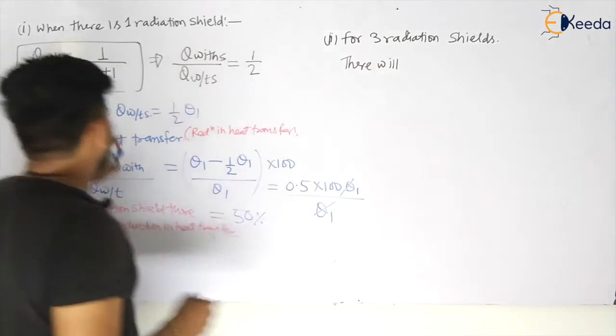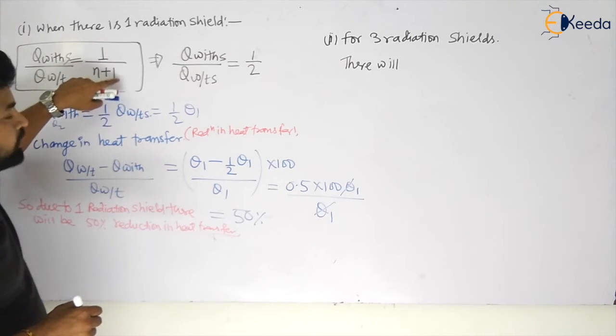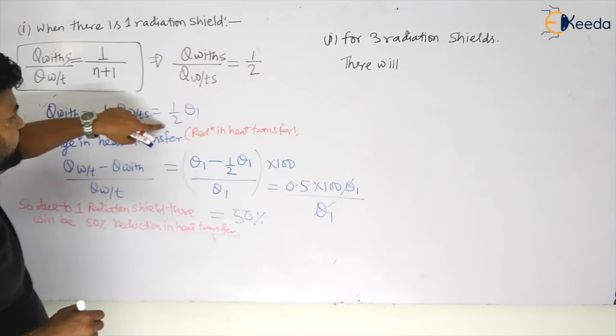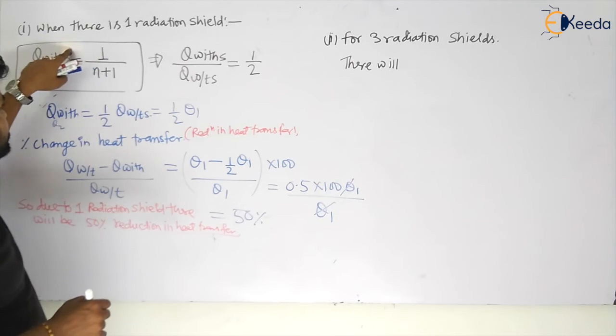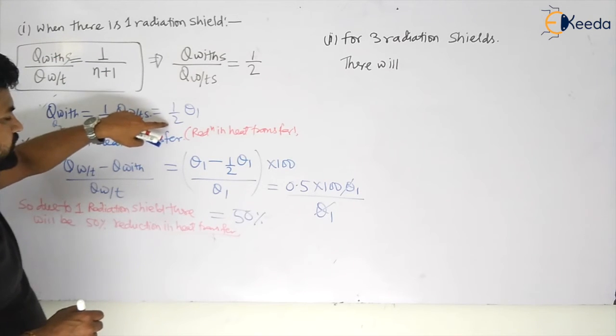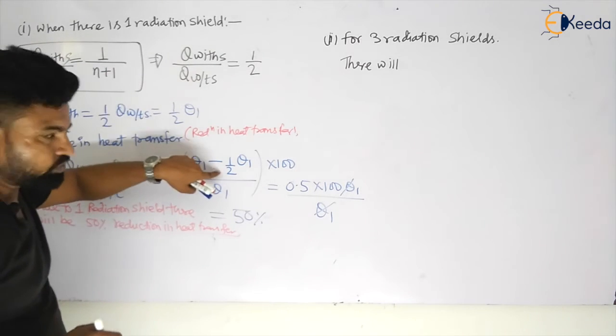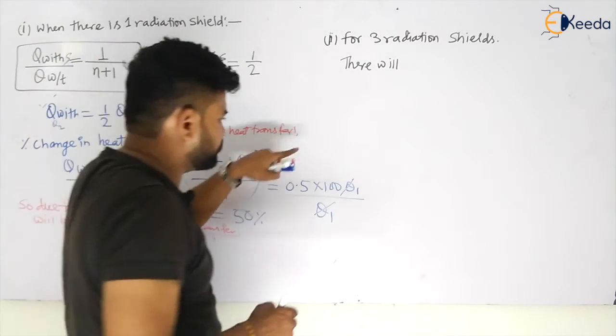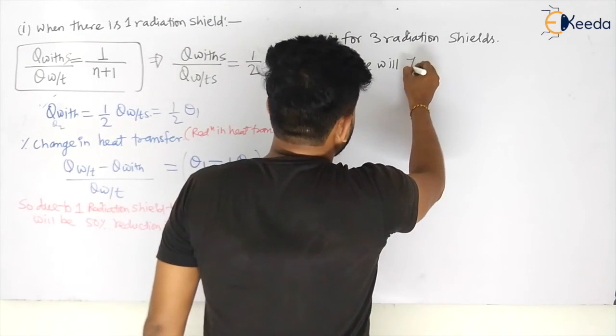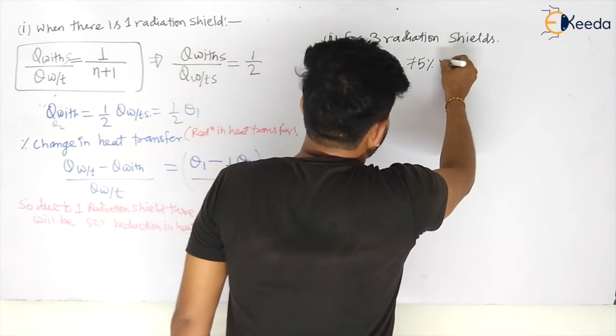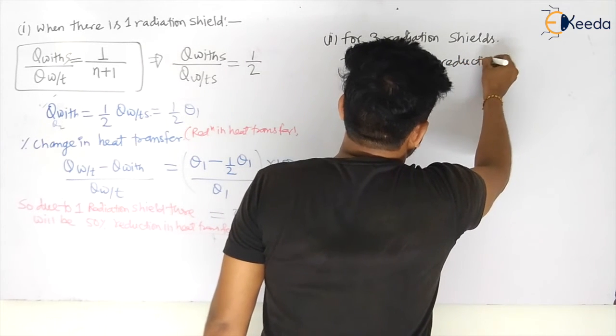So this will become 1 by 4. 1 by 4 is nothing but, if Q1 is 100, this will become 25. So this will be Q1 minus Q2, which is 100 minus 25, which will be 75 by 100. So this will be 75%. There will be 75% reduction in heat transfer.